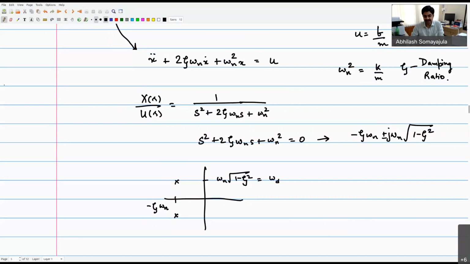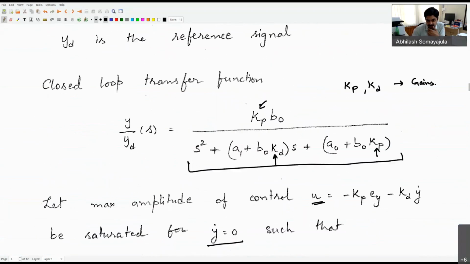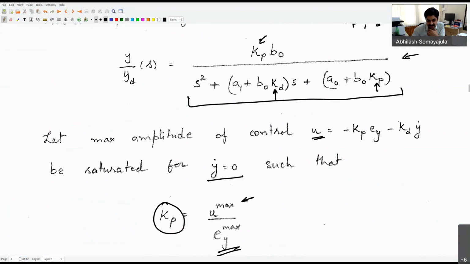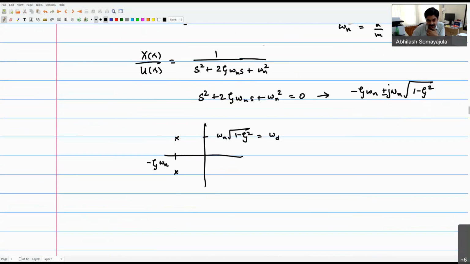So the idea now is that if I want to place my poles at a specific point, then my existing transfer function should have some similarity with the transfer function for the spring mass damper system.